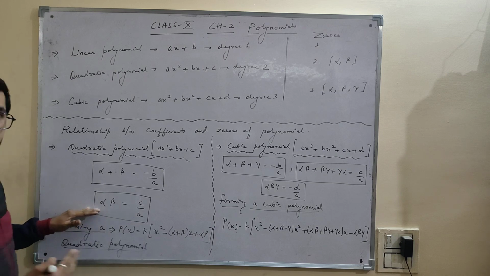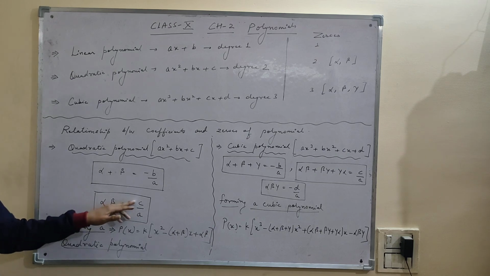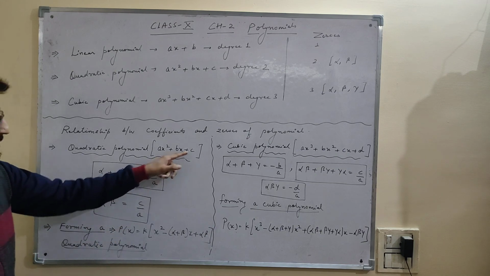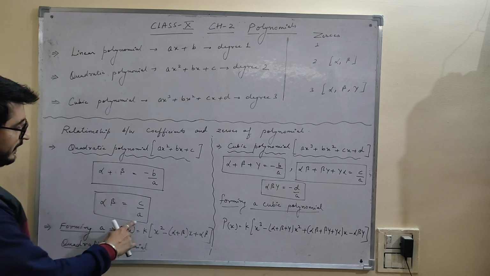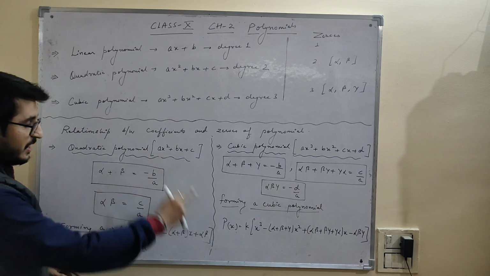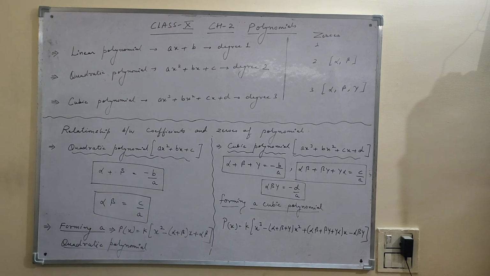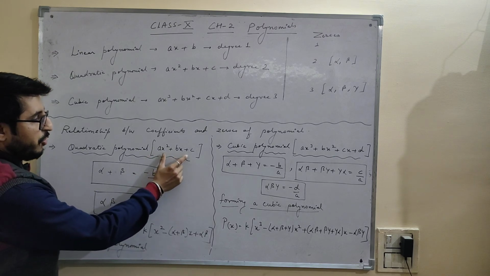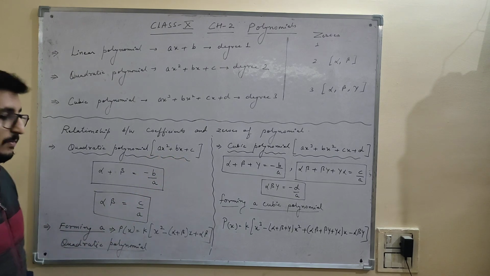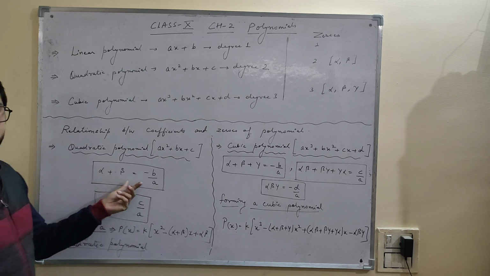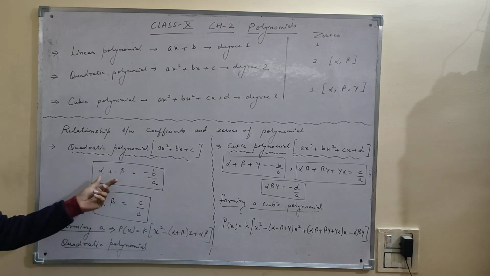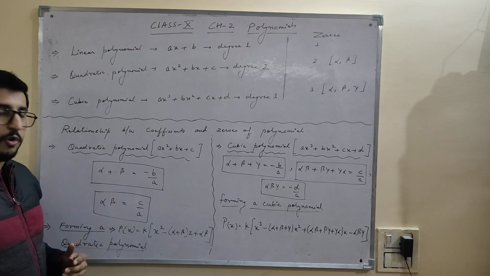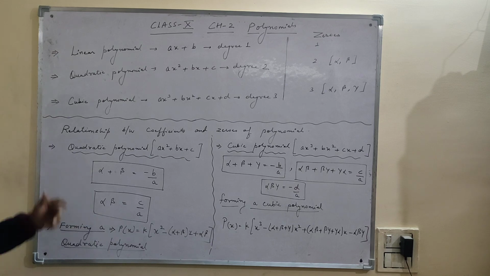Similarly, alpha into beta is equal to c by a, where c is the constant term and a is the coefficient of x square. Now, given a quadratic polynomial, you can easily establish the relation between the zeros and the coefficients using these two relationships.